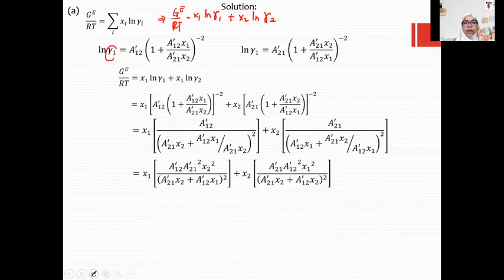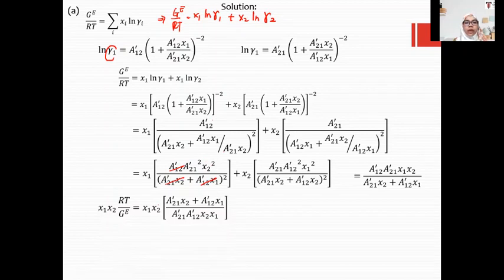After that it turns to A'12 times A'21 x1 x2 over A'21 x1 plus A'12 x2, and by canceling out the A'12 and canceling out this expression from the above expression, it gives the Van Laar equation.